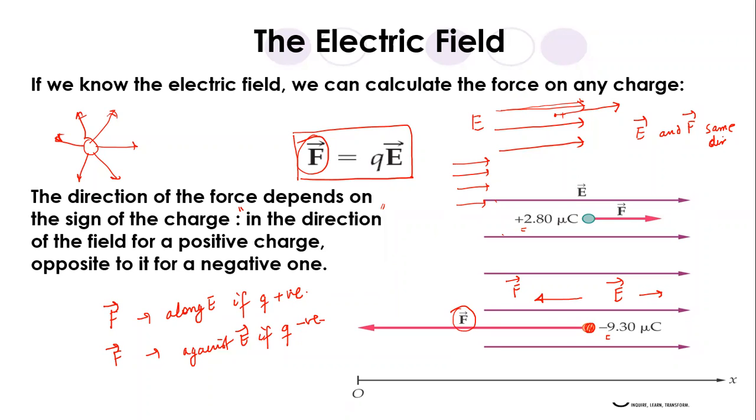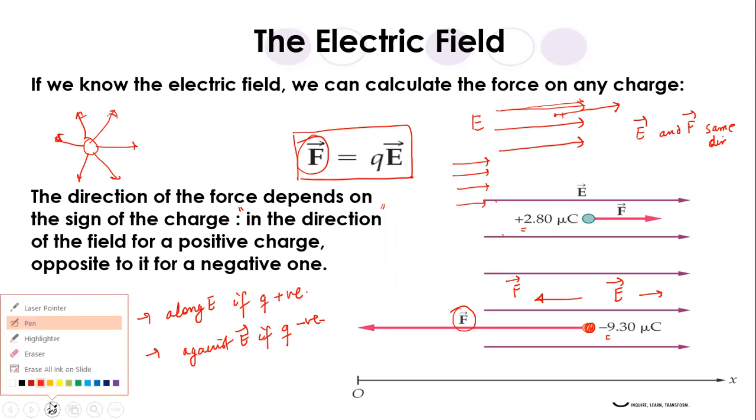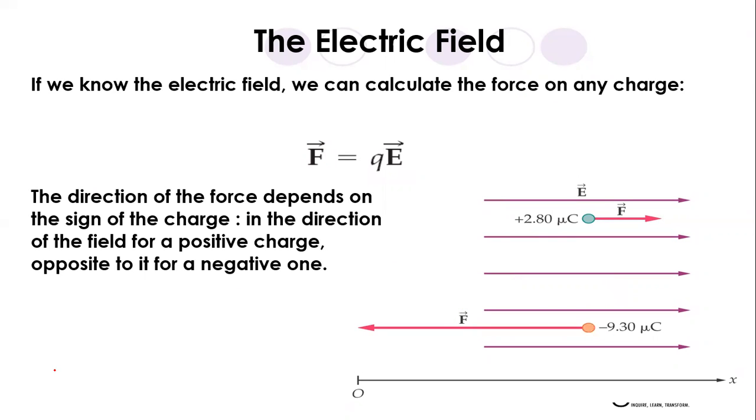Okay. So F is along E if Q is positive, F is against E if Q is negative. Now the question is, how can I get a parallel field like this? Suppose I have a plate, and in this plate I am depositing positive charge.